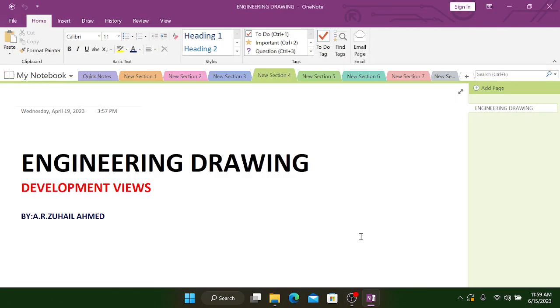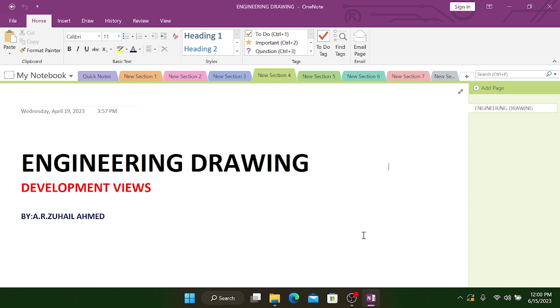Okay, today I'm going to explain, under the engineering drawing subject, development views of a cone and also a hexagonal pyramid. Two things I'm going to explain.